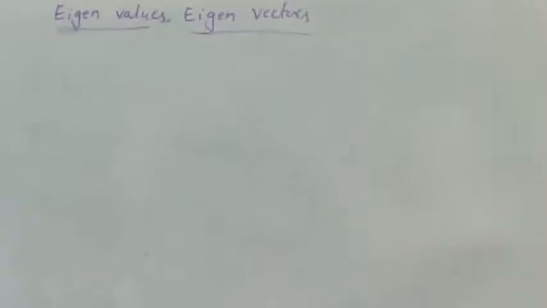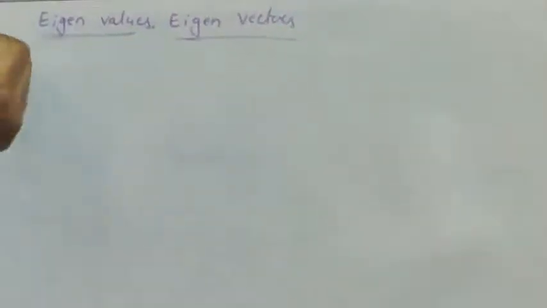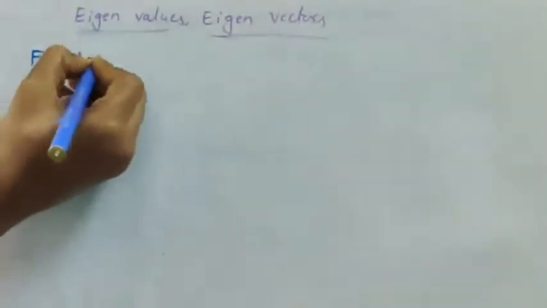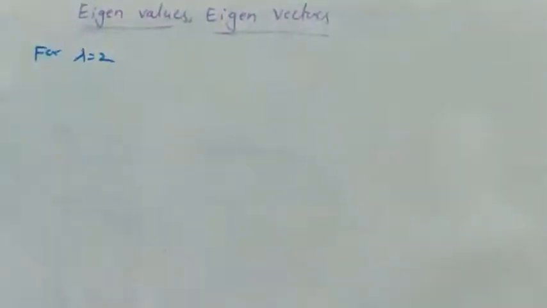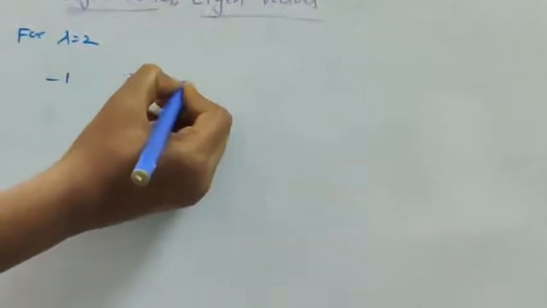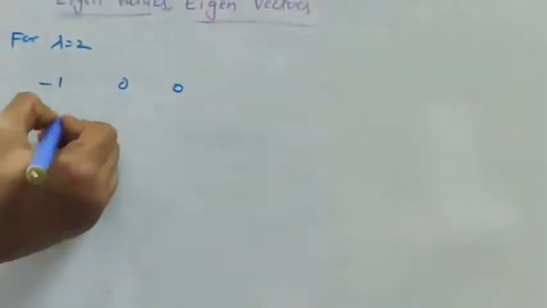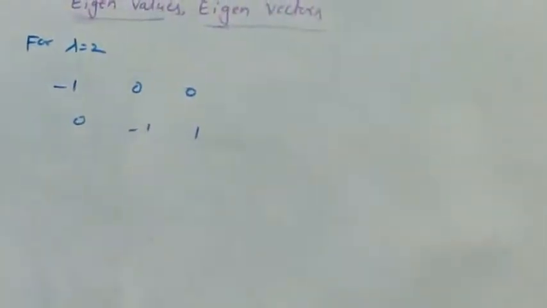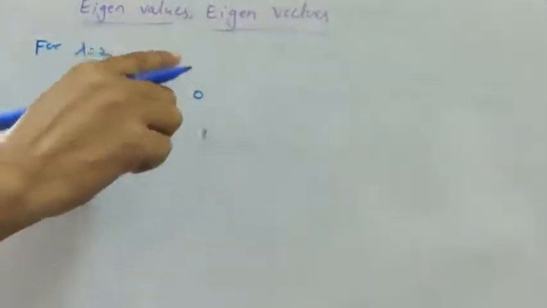Yes, we are going to solve the third case, that is for lambda is equal to 2. The equation 1 reduces to the matrix minus 1, 0, 0; 0, minus 1, 1. In the first case I made you solve (A minus lambda I) into x.